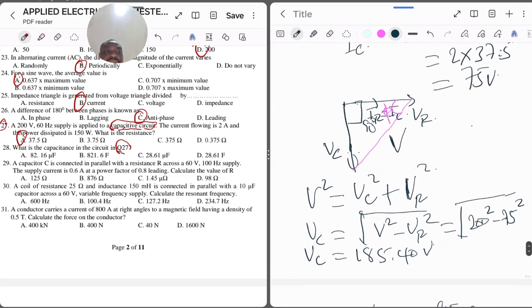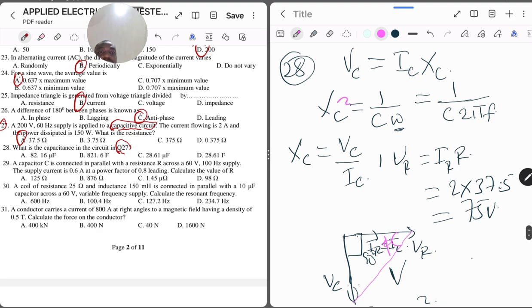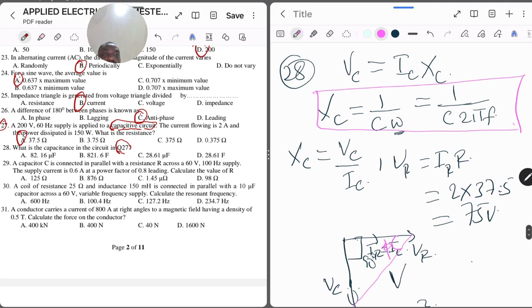Now, once I've gotten this, we are not done yet, right? Remember, we have to find the capacitance. So I come back to this formula I wrote here. Then we make capacitance the subject, right?